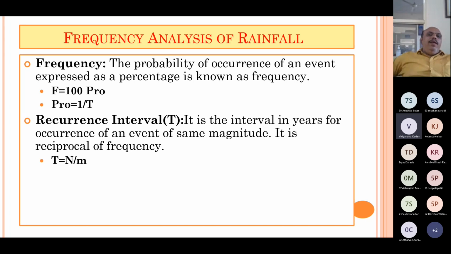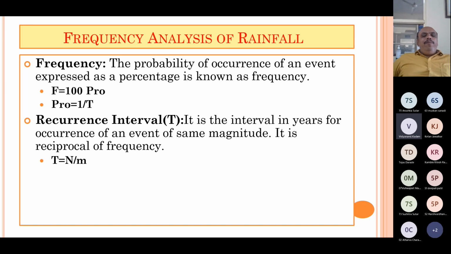This T is worked out with the formula n upon m. What is T? It is the interval in years for occurrence of an event of the same magnitude. It is worked out from the formula n upon m, where n is the total number of events and m is the order number of events. Suppose we have 10 rainfall events, so the value of n is 10. In that, suppose the highest value of rainfall is, let us say, 100 mm.